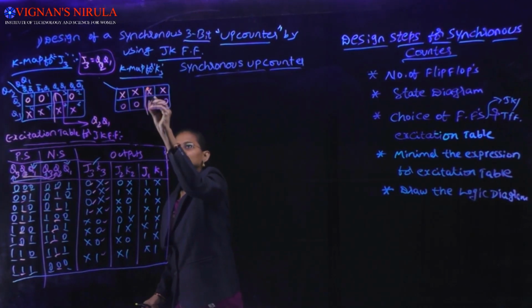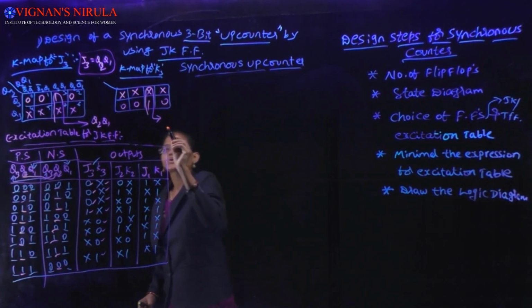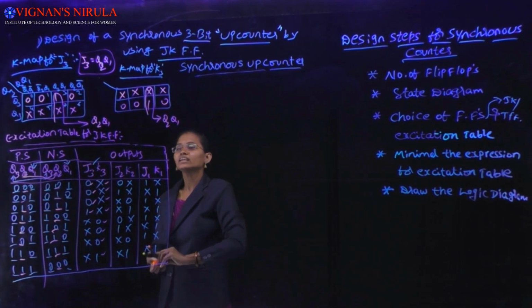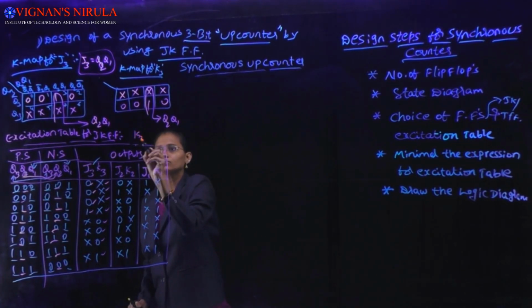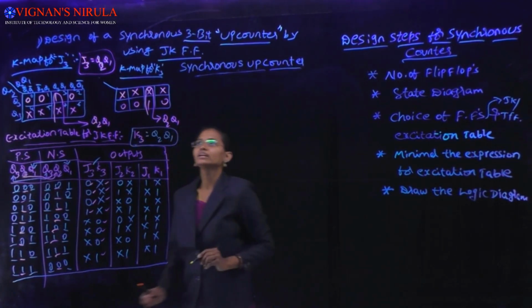Here the grouping gives Q2 and Q1. Then finally K3 equal to Q2 Q1. Okay, this is the K3 equation.